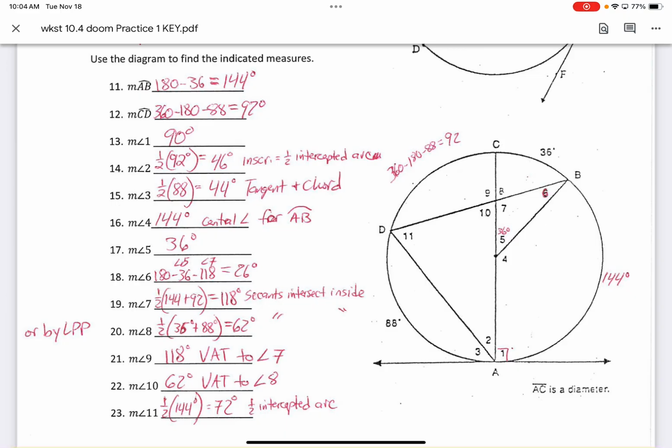What is another type of angle we've talked about? Central angle. Lyra, what's true about central angles? Yeah, true.